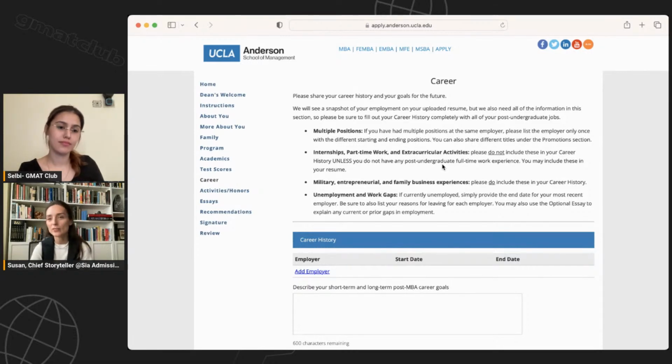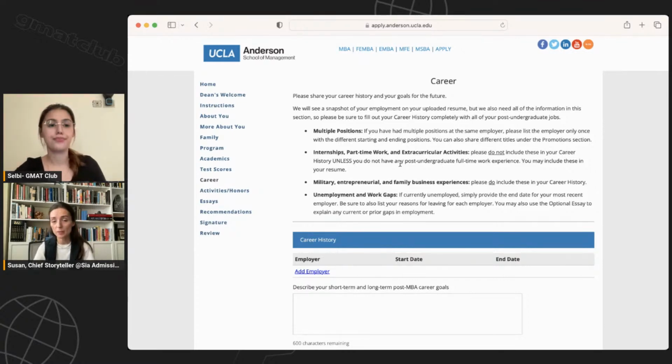It'd be nice if you could just put in everything you want to say in a document and share it with them, but it's not that way. You just have to think holistically about how you're presenting the full picture and provide information that speaks to the character that you are looking to portray to the admission team.